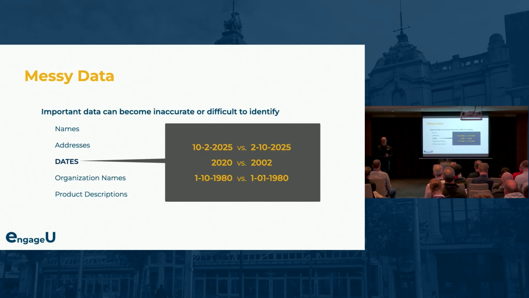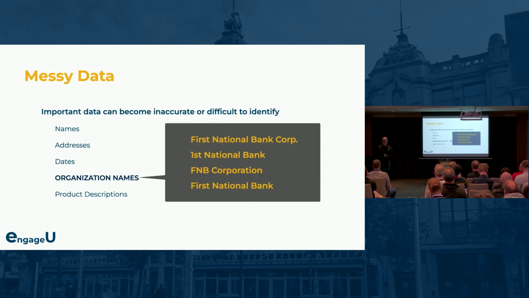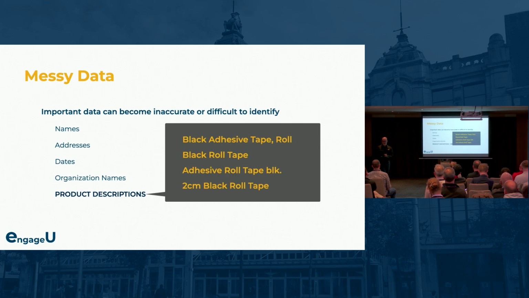Dates can be typed incorrectly, or perhaps you're using the American versus European format. You may have value transpositions, or somebody just clicked the wrong calendar day in a drop-down. Organizations can be written differently depending on legal names, the common names, abbreviations again. And product descriptions might be entered all kinds of different ways without some sort of strict standardization.